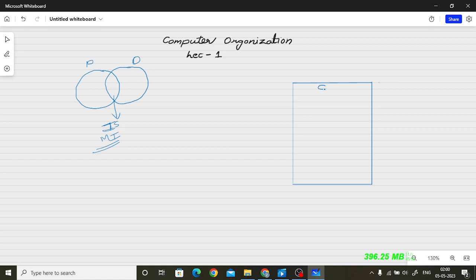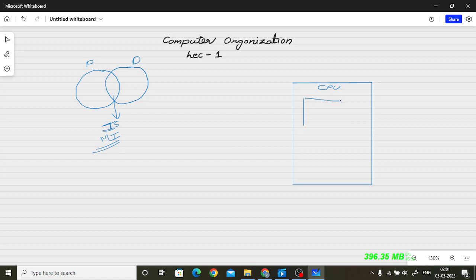This is our CPU, central processing unit. Okay, so what are the components of a CPU? What is present in this CPU? There's an ALU that is present in this CPU.